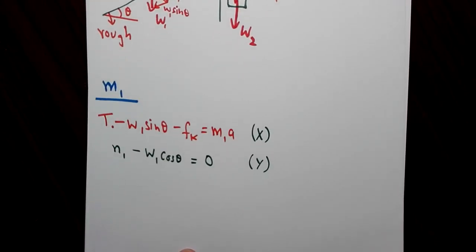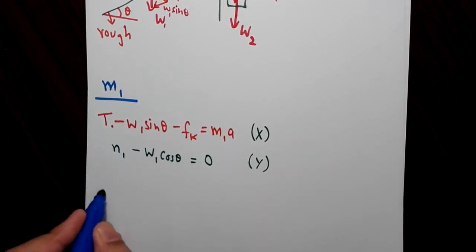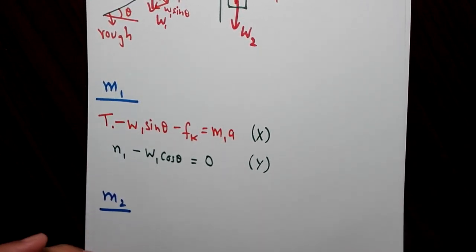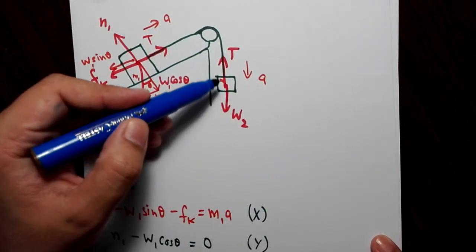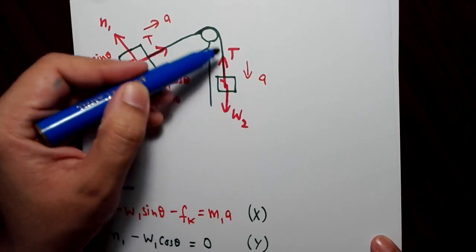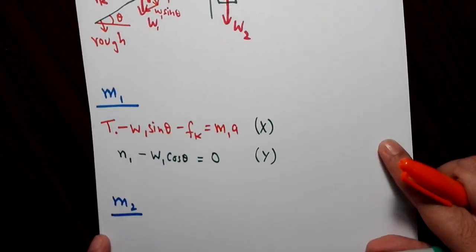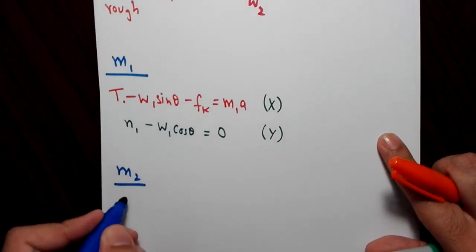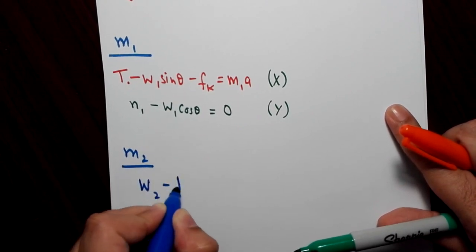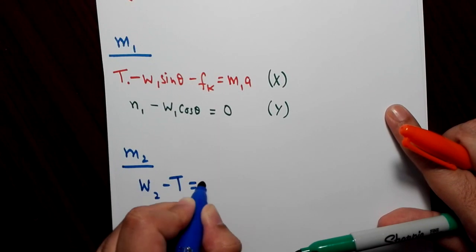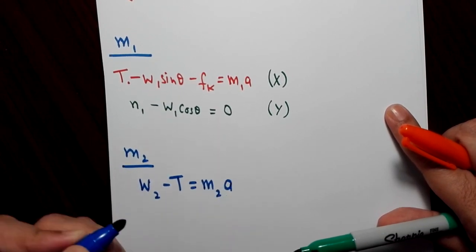Let's look at M2. For the mass M2, there's only a y equation. It's simple. It's just W2 minus T equals M2 times a.